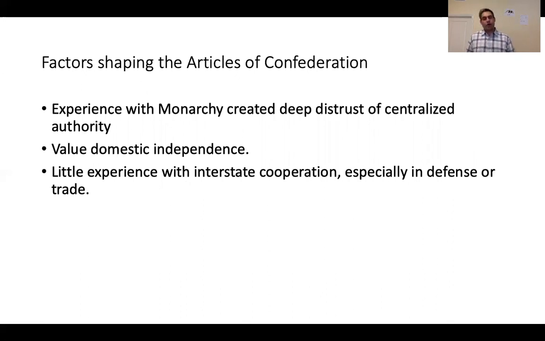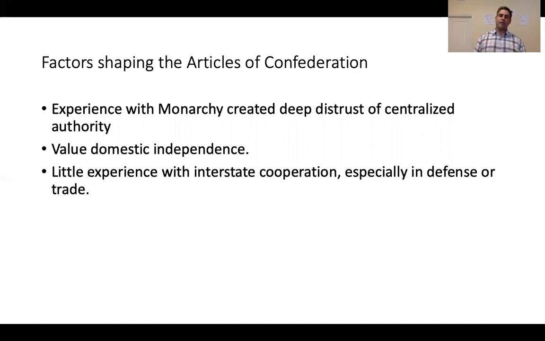Now, as we'll learn, the Articles of Confederation is the first effort to create a national government among the colonies, to unify the colonies in an effort to create a new system of government that can also effectively resist English oppression. And the factors of the Articles of Confederation are very interesting.